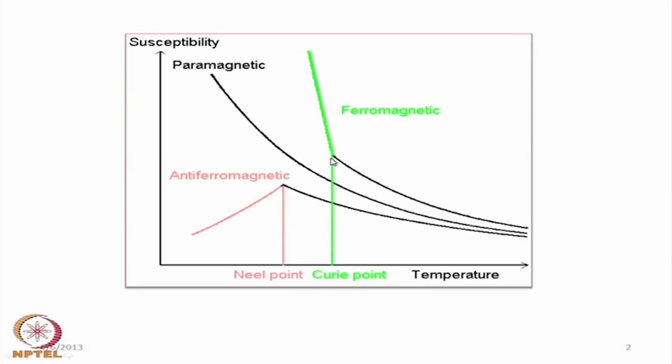But below this Curie temperature, the paramagnetic system changes in this particular way, that means it is monotonous and continuous, but for a ferromagnetic system there is an abrupt change, and it is not a parabolic curve but a continuous straight line, increasing in a steep fashion.